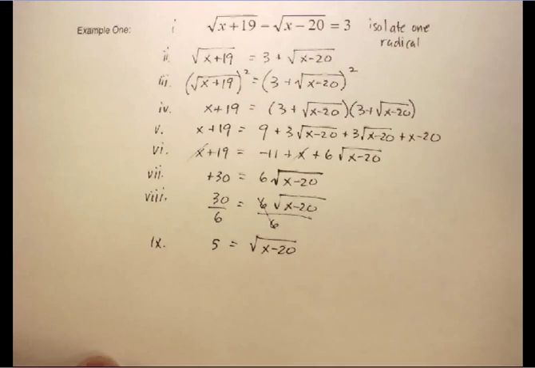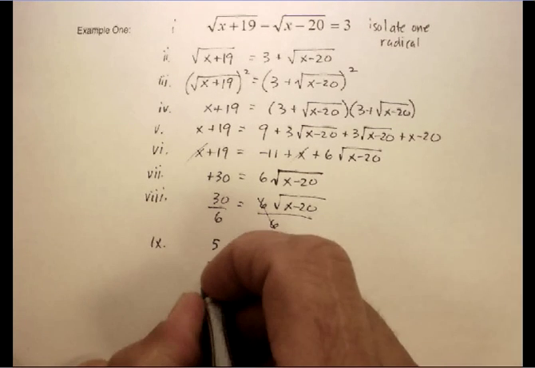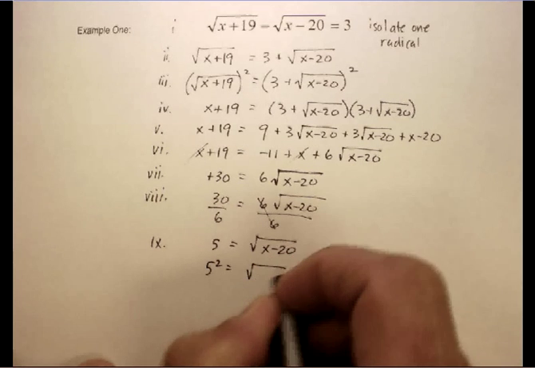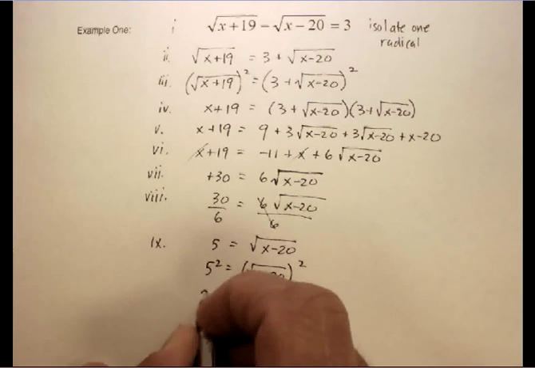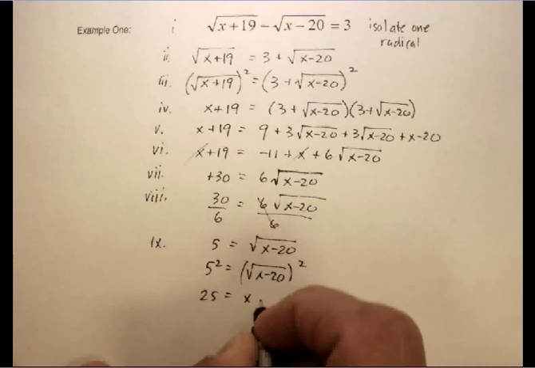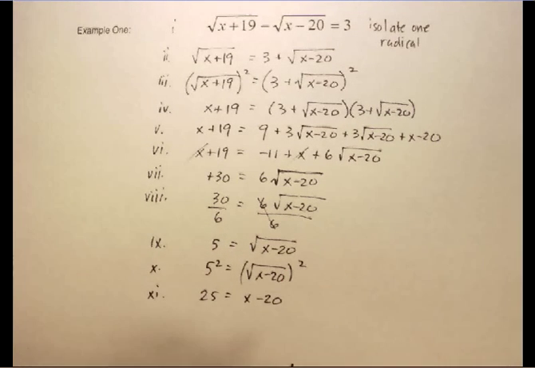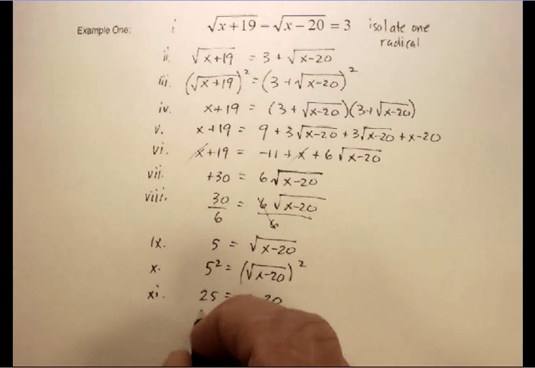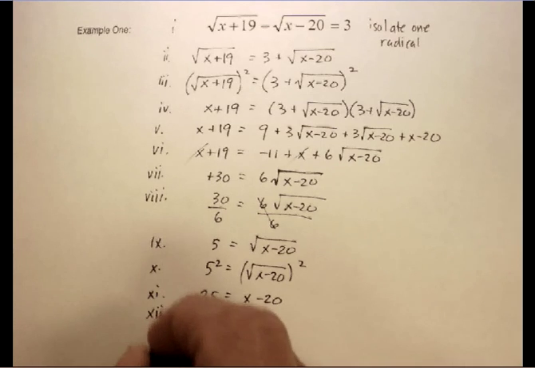Just like we did up in step 2, we're going to square both sides. If I square 5 and square radical x minus 20, I'm going to get 25 is equal to x minus 20. Almost finished. Let's add 20 to both sides, and I get 45 is equal to x.